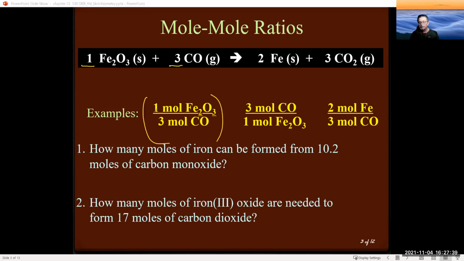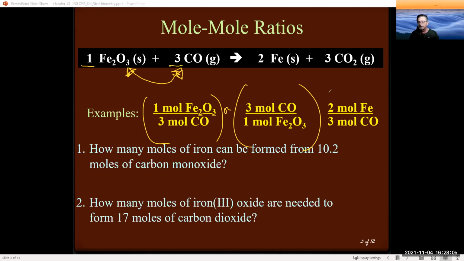So we can write it in this ratio, 1 mole of iron 3 oxide over 3 moles of carbon monoxide, or we can write it with the carbon monoxide in the numerator, okay? Also, so this is comparing the two reactants with each other, okay? But we can also look at reactants with products.